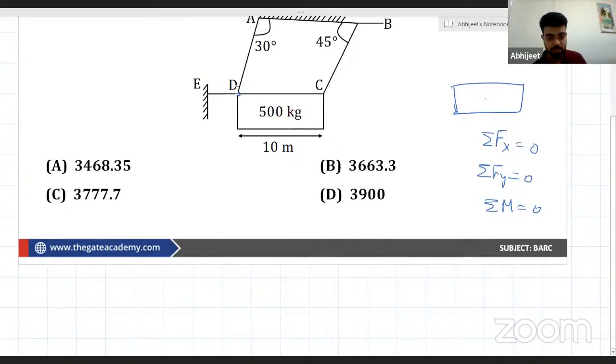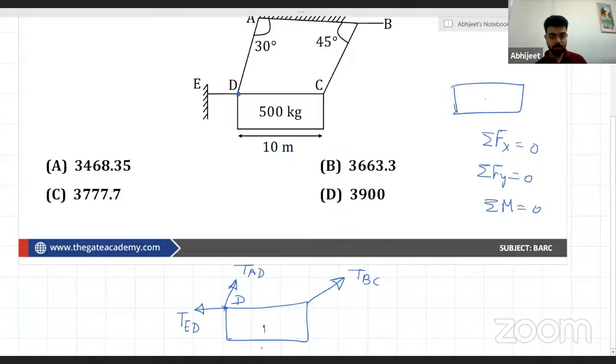So we'll first draw the free body diagram of this. One force is acting here, one force is acting here, and at this point D another force is acting here. So this is point D. This is TED, this is TAD, this is TBC.